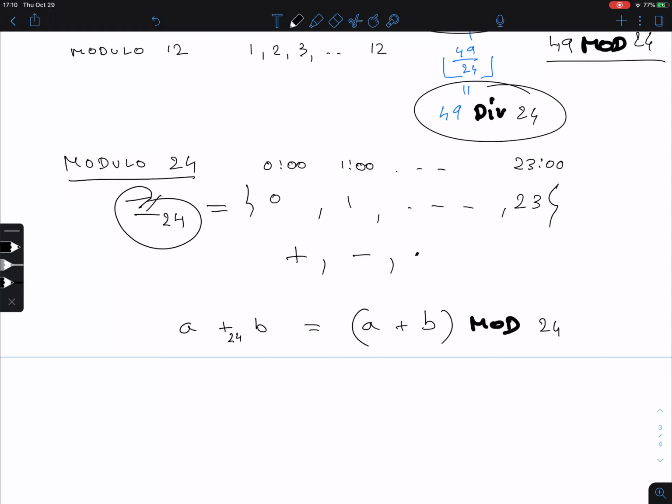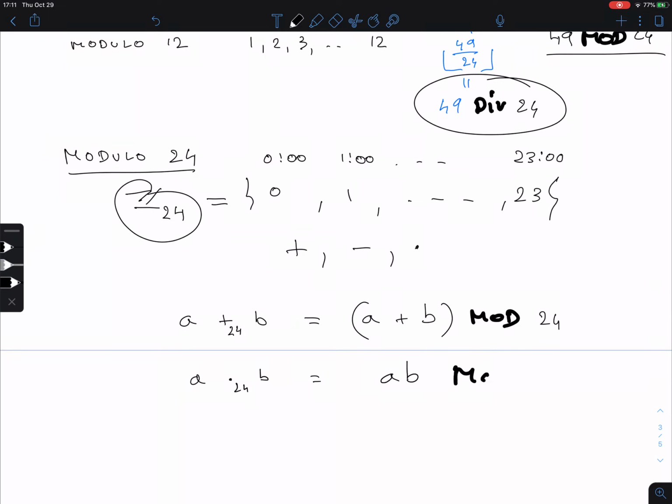It's not only addition that we can deal with this way. Subtraction also, but that's so obvious that I'm not going to discuss it. But multiplication, we can also do this, A multiply 24 B, and the result is just the same. You take A times B, and then you calculate the remainder of that product modulo 24.